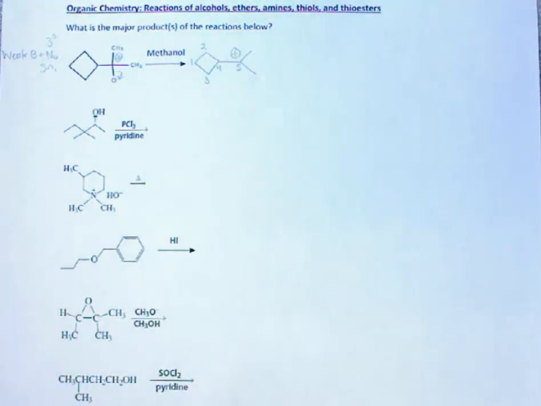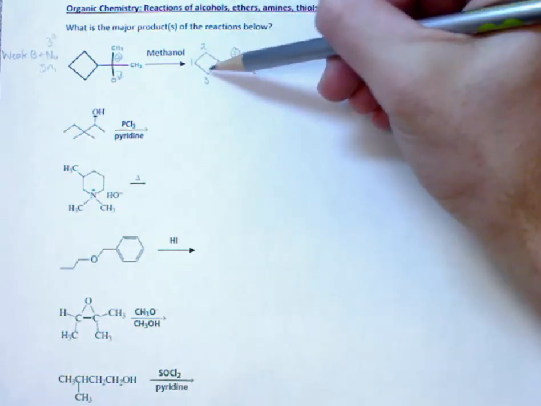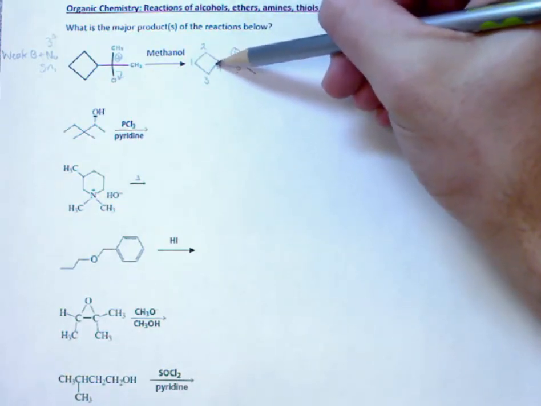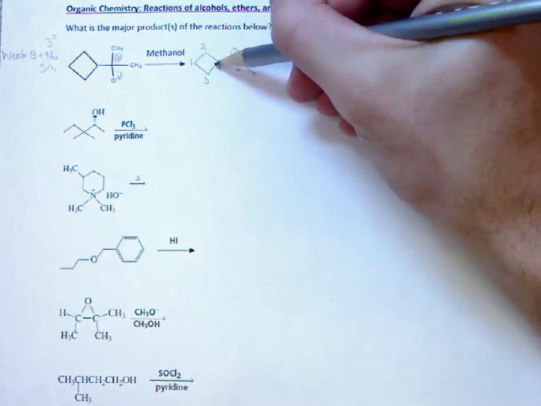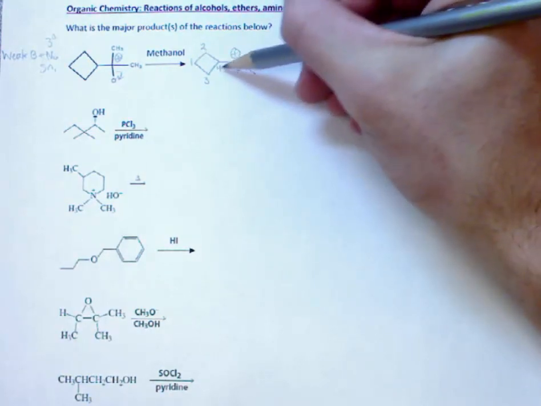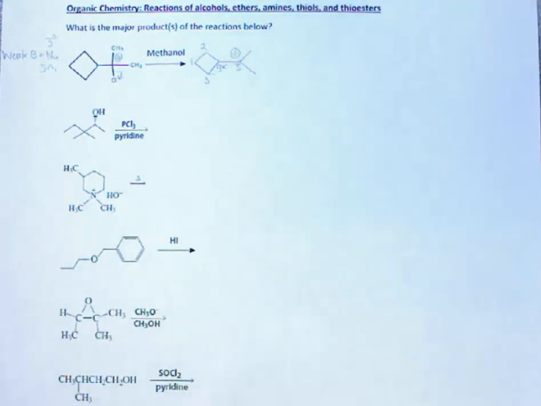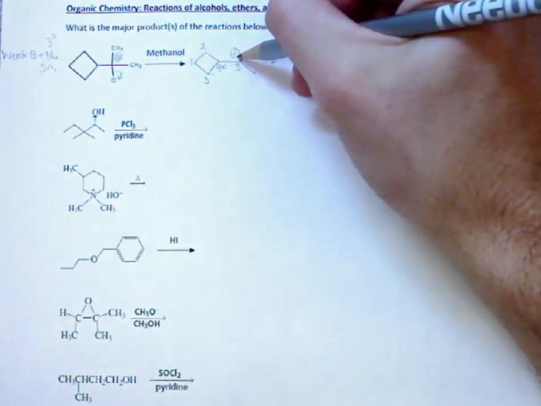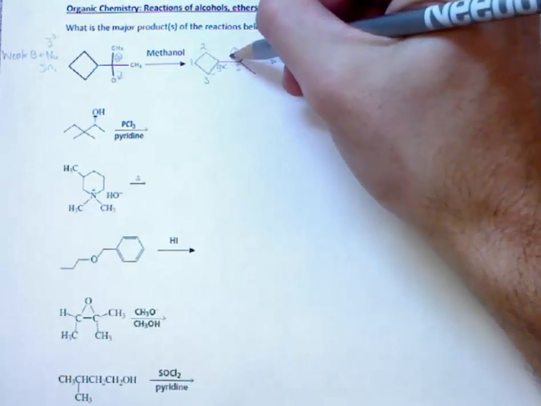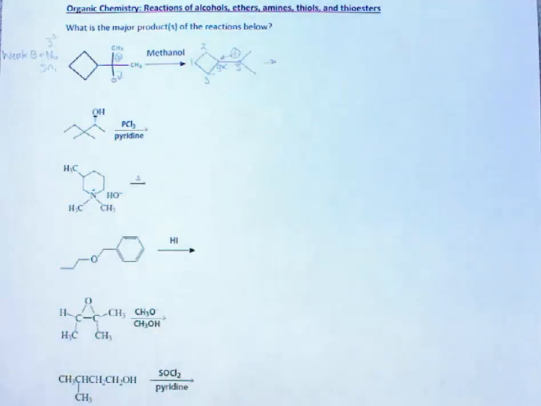Here we have the bond between the 3 and the 4 carbon is going to come down and open and form a bond between the 3 and 5 carbon. This will shift the positive charge from carbon 5 to carbon 4.